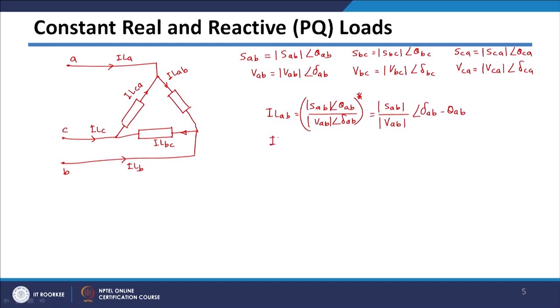Similarly, I can write the other two currents: ILBC will be equal to SBC magnitude divided by VBC magnitude, and its angle will be delta BC minus theta BC, and ILCA will be equal to SCA magnitude divided by VCA magnitude, and its angle will be delta CA minus theta CA. Now you have got your delta currents.